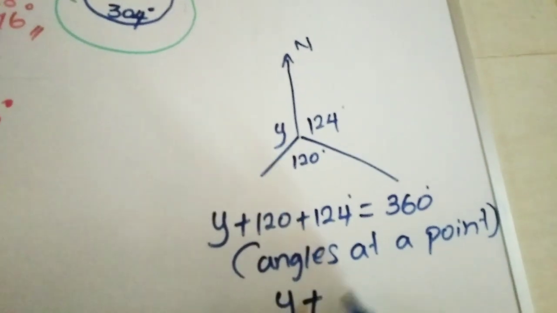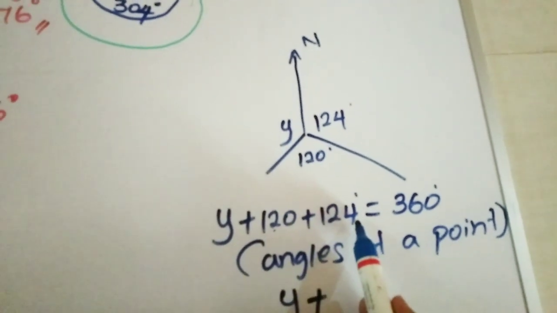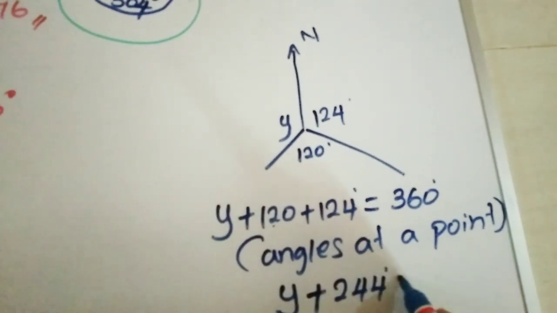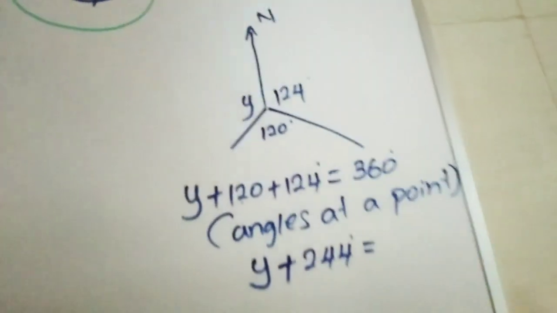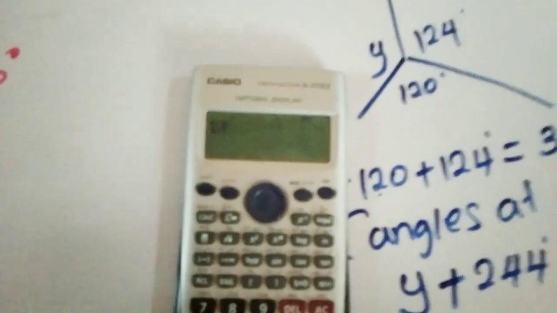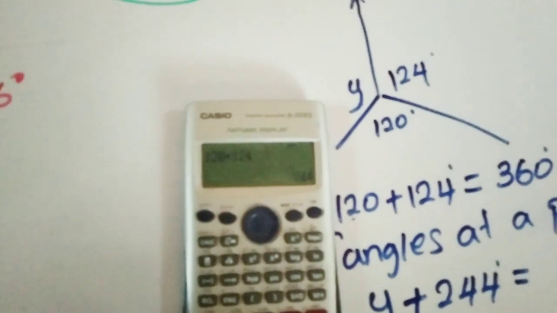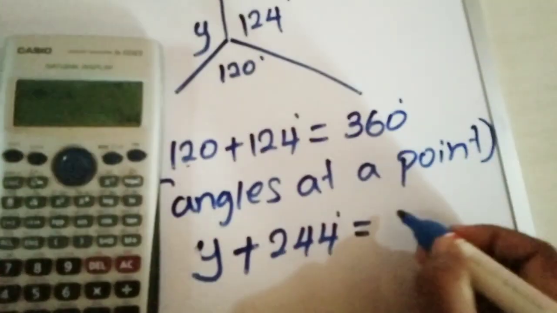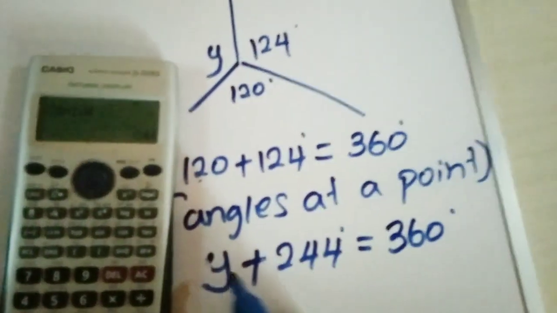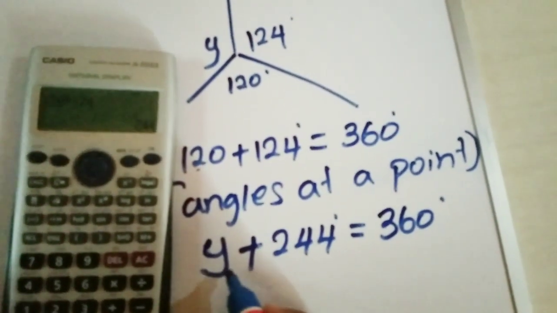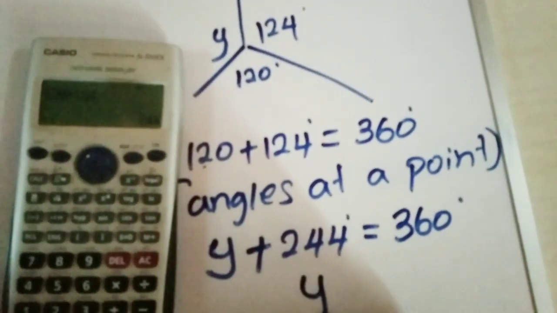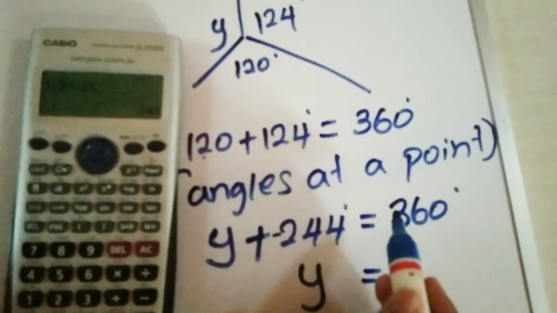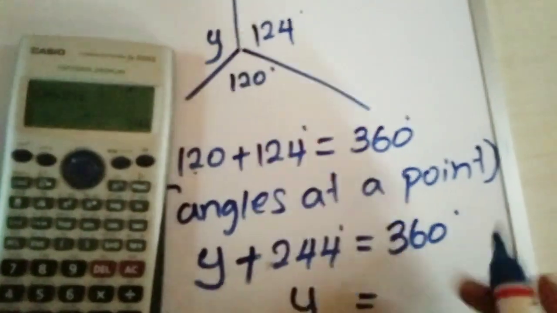Let's find y. y plus 120 plus 124, it's 244. Let's check whether it's correct or not. 120 plus 124, yes, it's correct. It's 244. It's equal to 360.